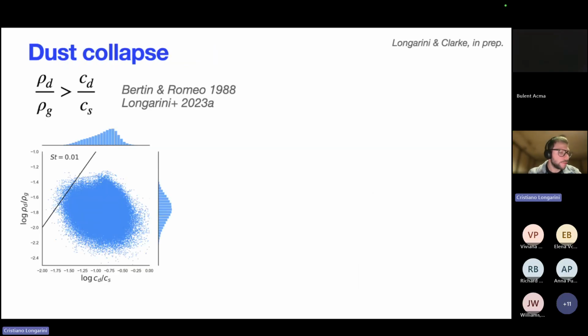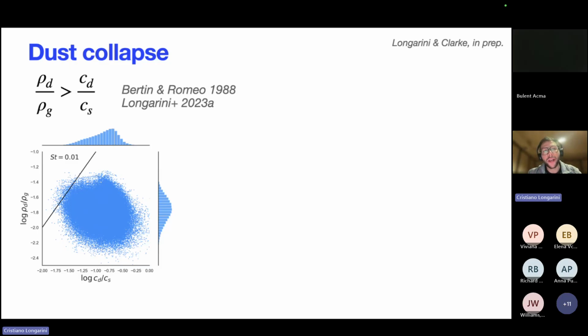And so if we want to understand whether dust collapse happens or not, we can use a proxy that has been discussed in several papers in the past. So we can try to relate the local dust to gas ratio, so the concentration of dust particles, with the ratio between the dust velocity dispersion, the one I call CD, and the sound speed of the gas.